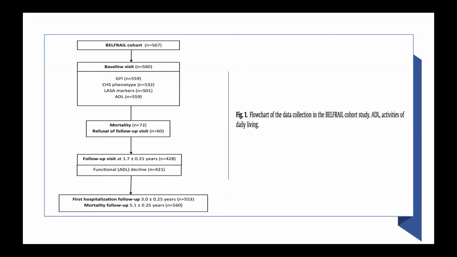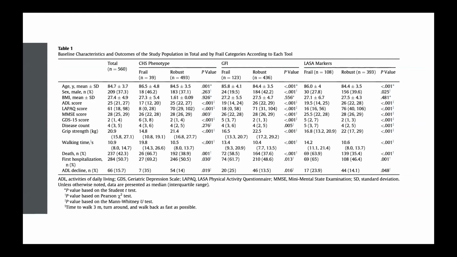The characteristics of the population matched up pretty well. They also did assessments for mini-mental, depression screen, and disease count, so how many other chronic conditions the person has. They looked at grip strength and walking time, and included all of that when they divided out those individuals who met frailty by the cardiovascular health study phenotype versus the GFI versus the LASA.